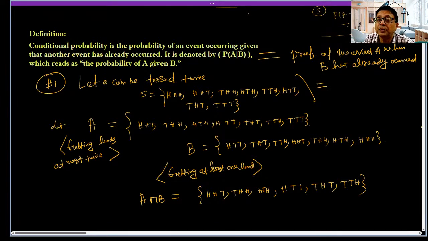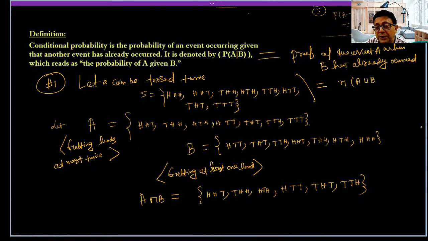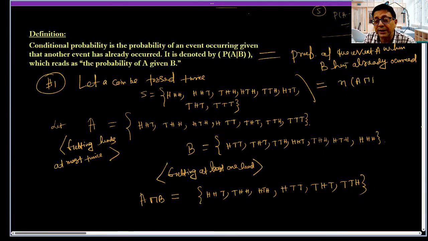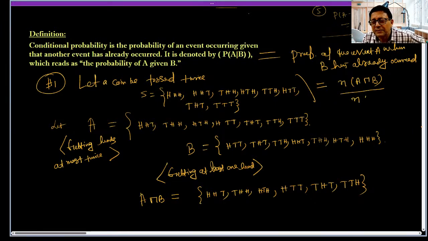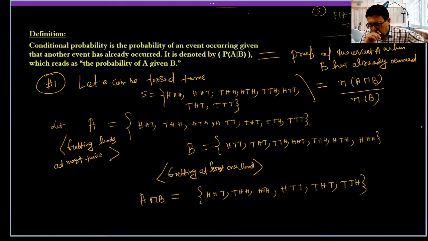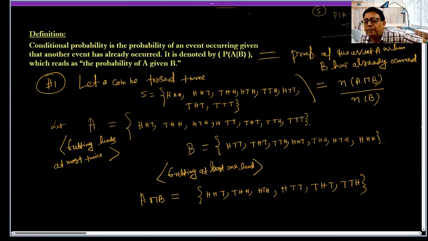So this is going to be the number of favorable cases when we consider both the events, A intersection B, divided by the number of cases when B occurred.